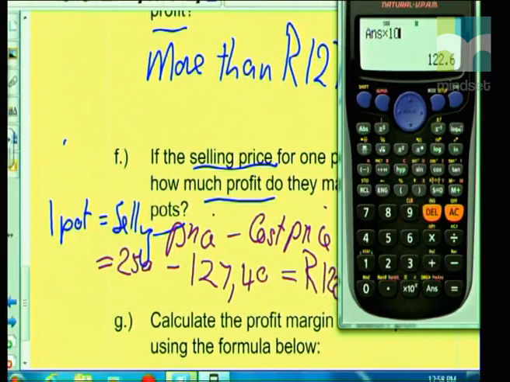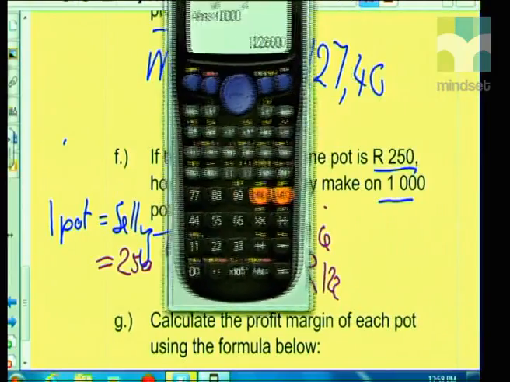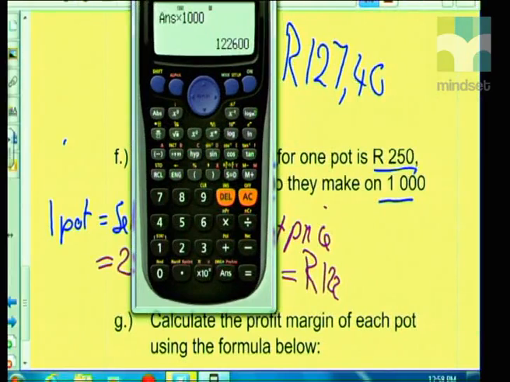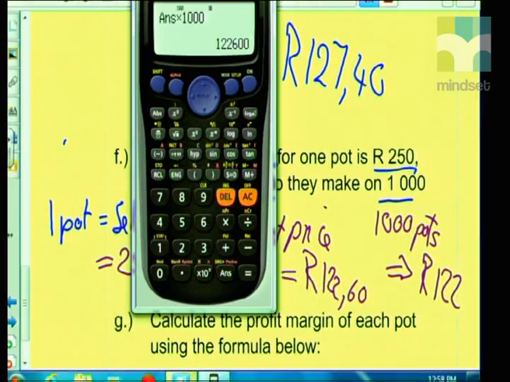Well, I must multiply that by 1,000, because I don't just want to know the profit on one pot, I want to know it on 1,000 pots, and if I've done it correctly, it gives me 122,600. So on one pot, it was that. On 1,000 pots, it's going to be 122,600 Rand. Got it? Hope so.